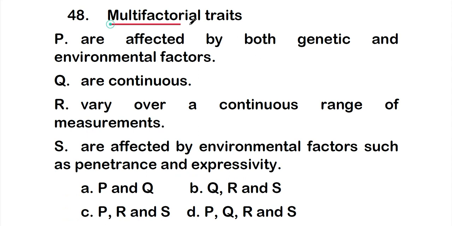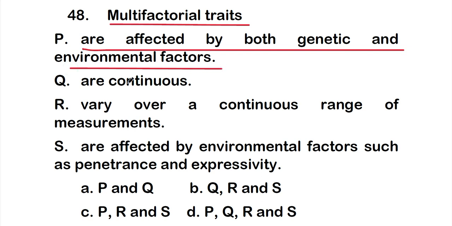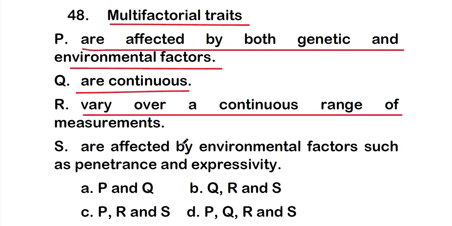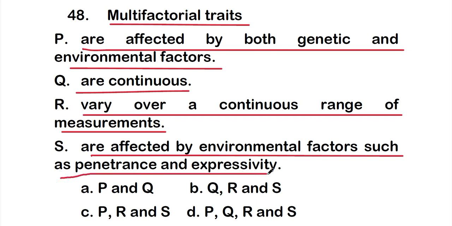Statement P: multifactorial traits are affected by both genetic and environmental factors. Statement Q: multifactorial traits are continuous, and vary over a continuous range of measurements. And the last one, statement S: multifactorial traits are affected by environmental factors such as penetrance and expressivity.